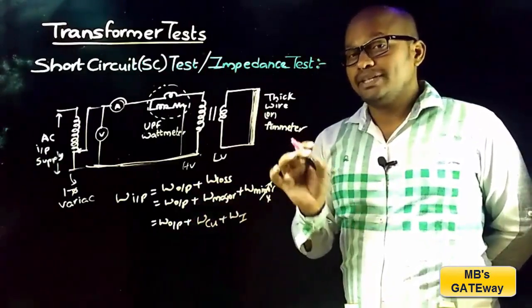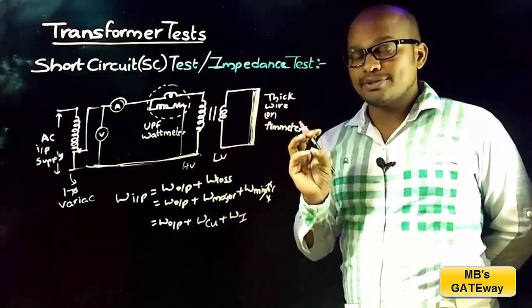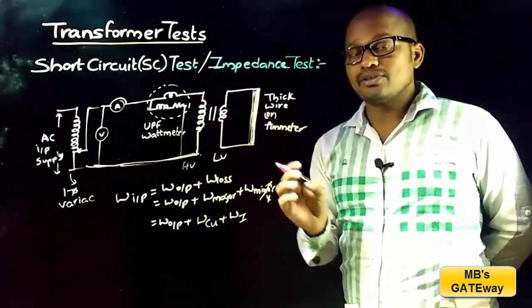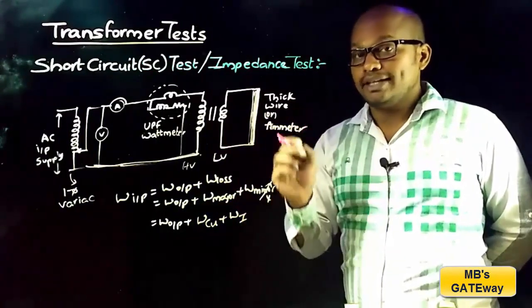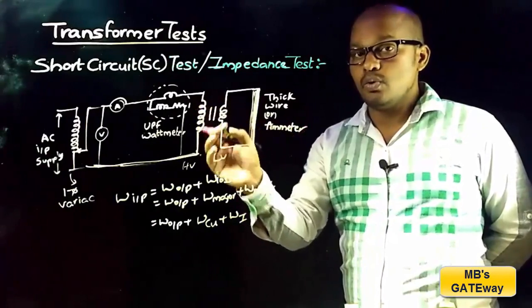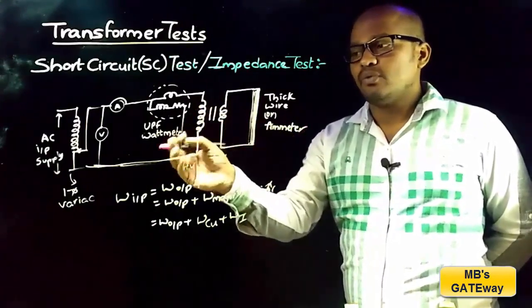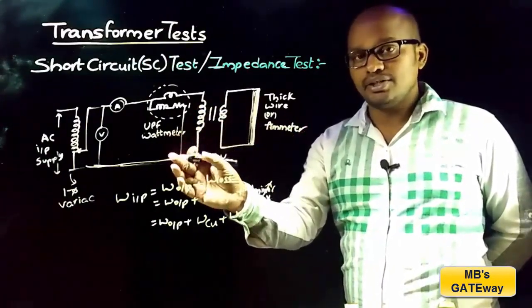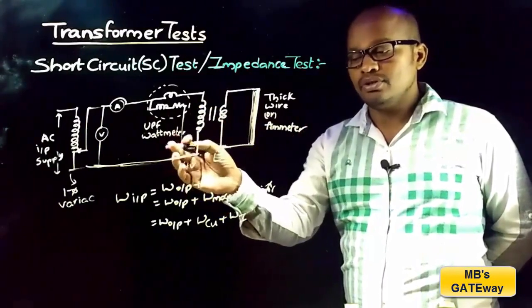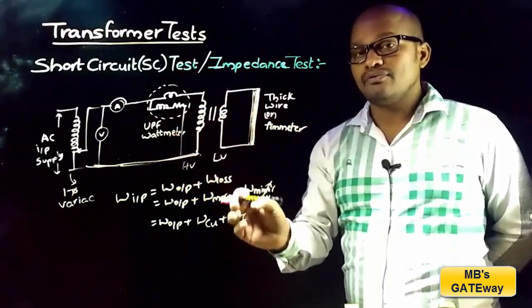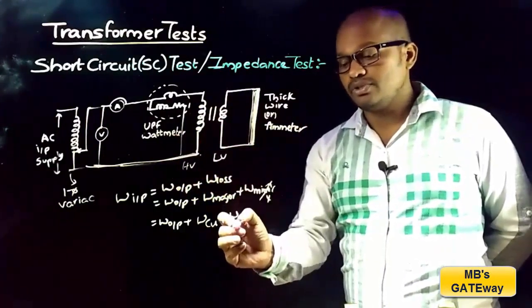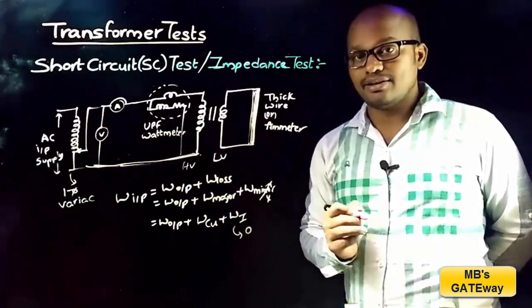From the losses topic, it is discussed that copper loss depends on the current and iron losses depend on the voltage. In short circuit test, as very low voltage is applied, that is 4 to 5% of the rated voltage is applied at the input, so the iron losses are very low, and because of which we can neglect these iron losses.